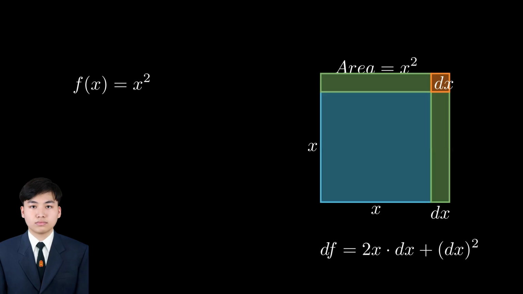And since dx is extremely small, approaching 0, we can simply ignore the dx squared term. It vanishes in comparison to 2x. Therefore, the derivative of x to the power of 2 is 2 times x. This is how the geometric change reveals the slope.